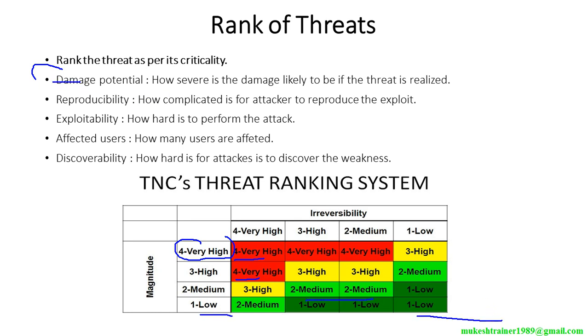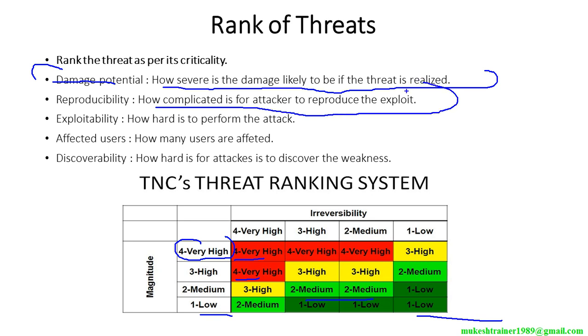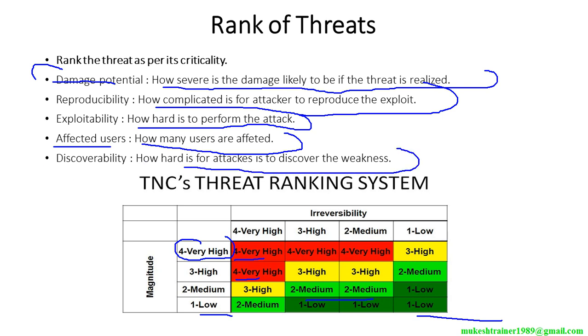Damage potential: how severe is the damage likely to be if the threat is realized. Reproducibility: how complicated is it for the attacker to reproduce the exploit. Exploitability: how hard is it to perform the attack. Affected users: how many users are affected. And discoverability: how hard is it for the attacker to discover the weakness.